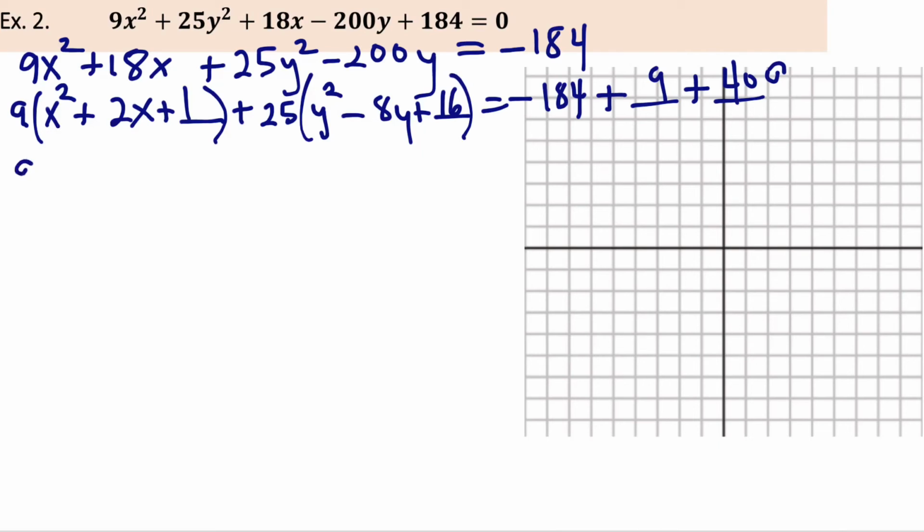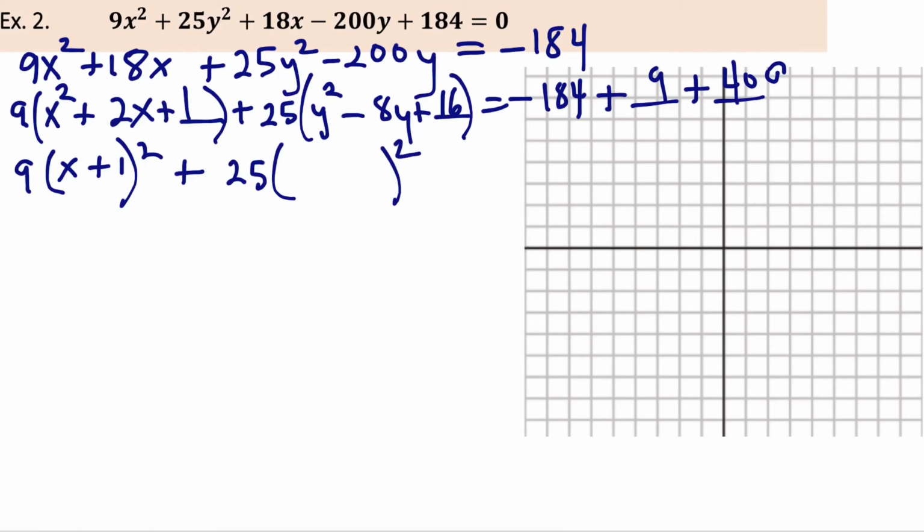We have 9 times x plus 1 squared. X here plus here, square root of 1 here. And then we've got this plus here. We've got 25. And then your factored form.